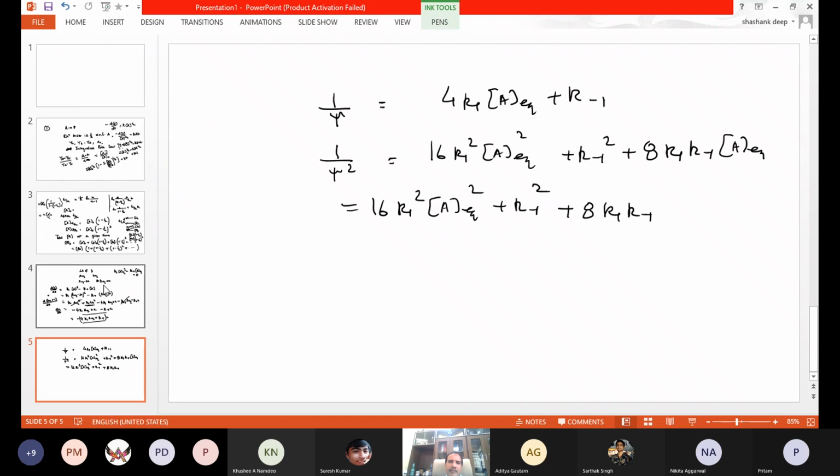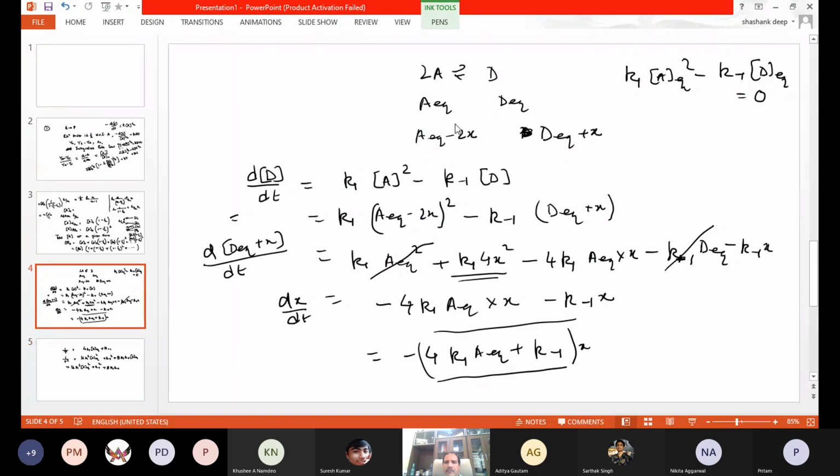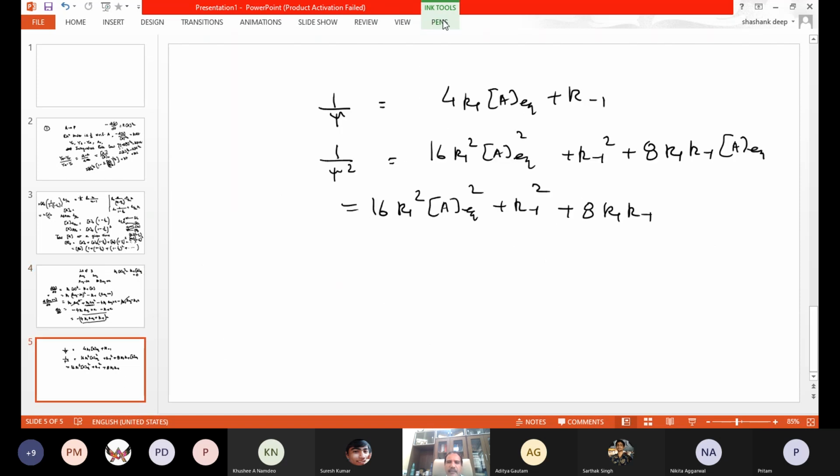What is A equilibrium? If you look at A equilibrium, it can be written as A equilibrium is equal to 8 anytime. What was written in the question? Let me see. S naught is 2D plus A. So here it is written that it is given in the question.